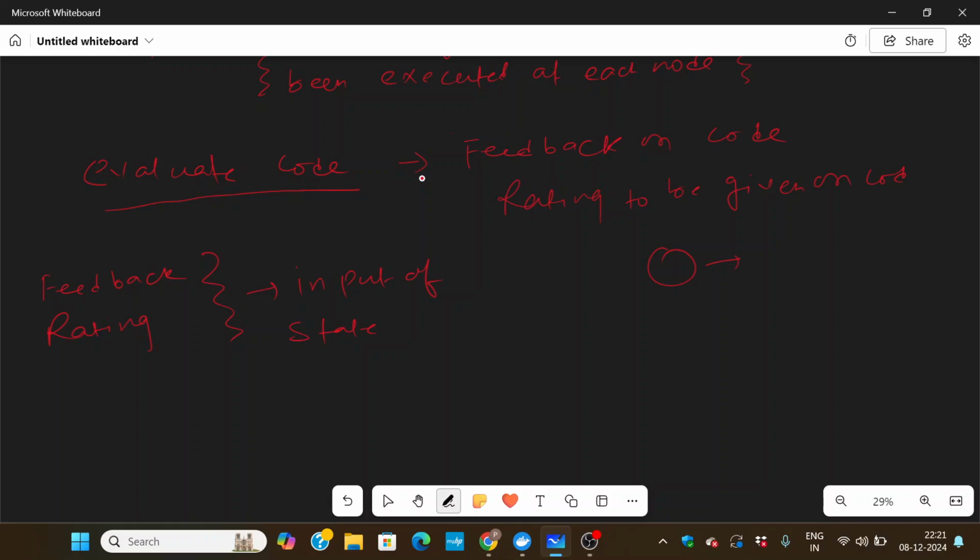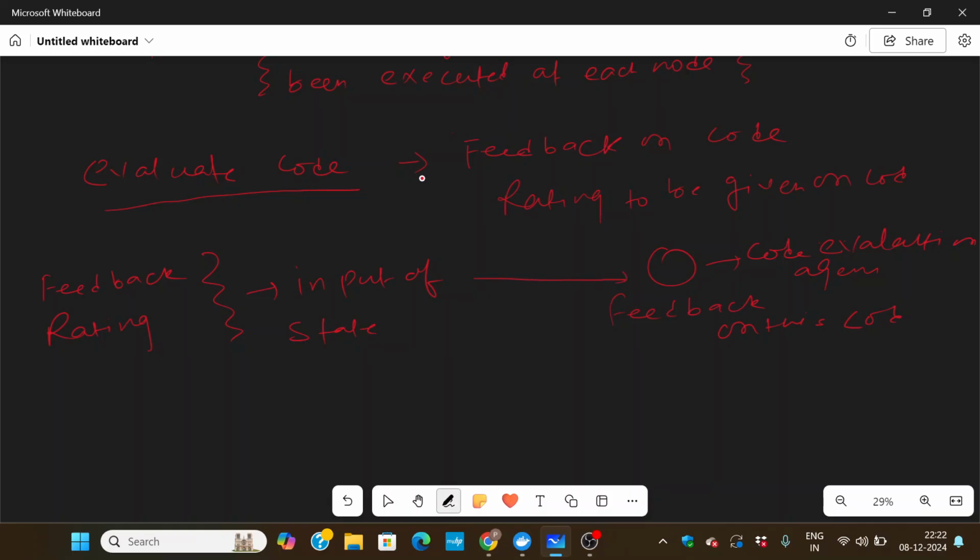Then we have two nodes. Here this is the code evaluation agent, which will give feedback on this code. The whole state is passed to this node.